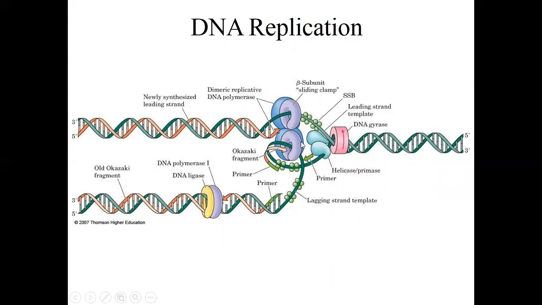Keep one thing in mind: one strand is replicating continuously, whereas the other strand is replicating in a discontinuous manner. The strand replicating in a continuous manner is known as the leading strand, whereas the strand replicating in a discontinuous manner is known as the lagging strand. The patches of newly formed DNA strands are known as the Okazaki fragments. The different enzymes responsible for DNA replication are shown diagrammatically.